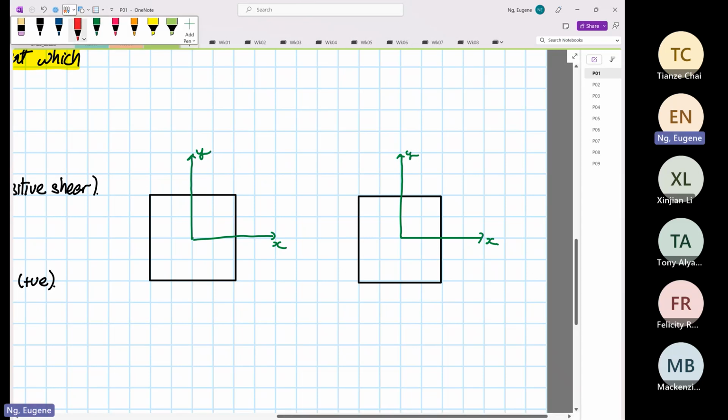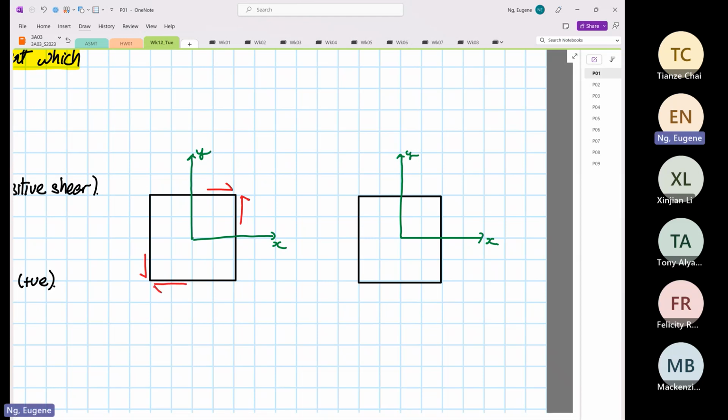So in shear, there's only two configurations. One configuration looks like this, and the other configuration looks like this.